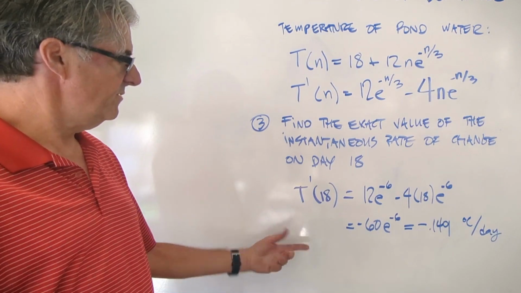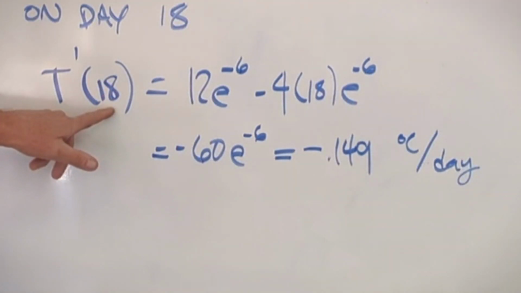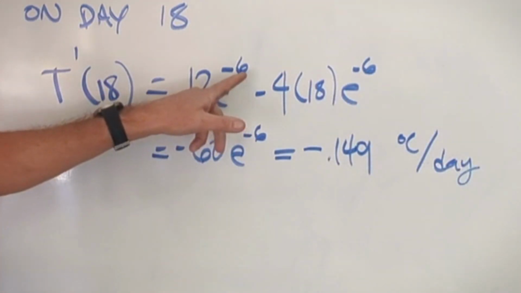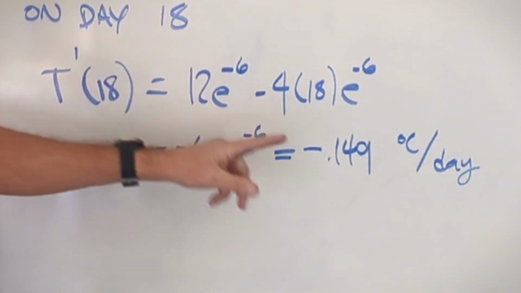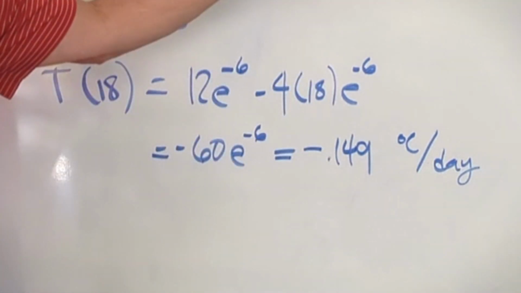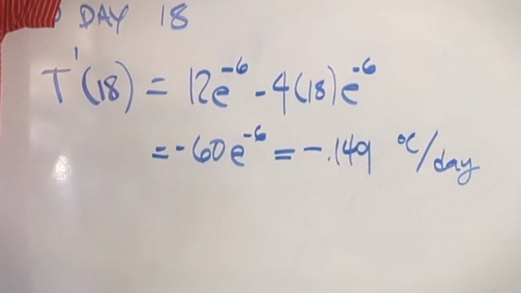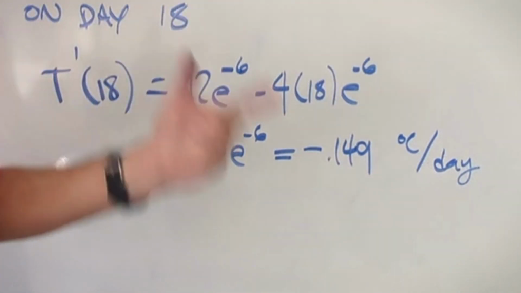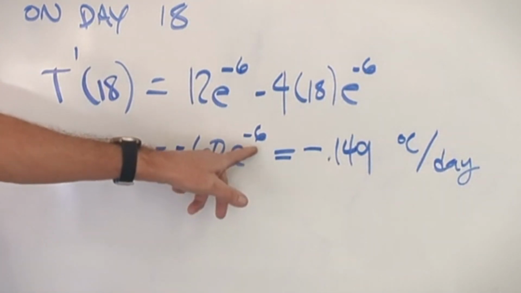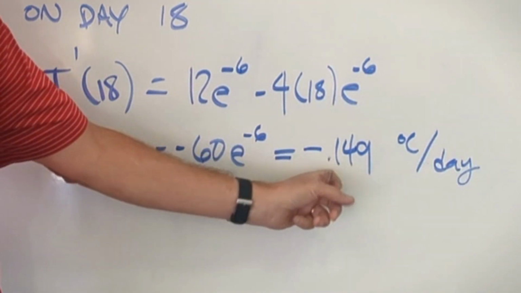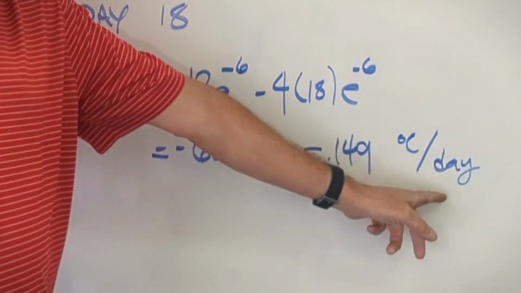Here's my plug-in step. I'm just putting in 18 for n. So up here we have minus 18 over 3 is minus 6. And then I remember to put my 18 for that n, and then my 18 up here in my exponential portion of my function. This reduces down to 60 e to the minus 6th, which is minus 0.149 degrees Celsius per day.